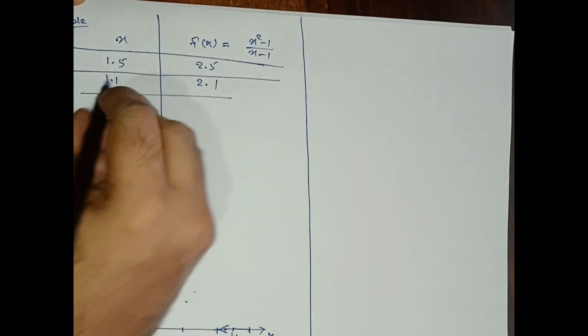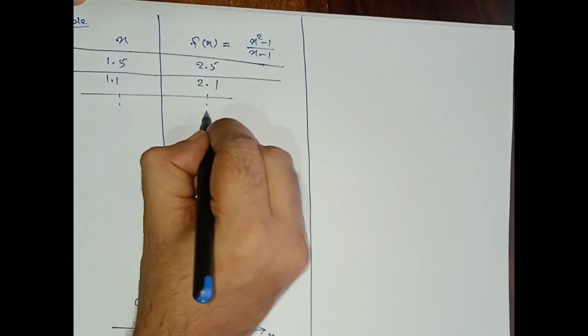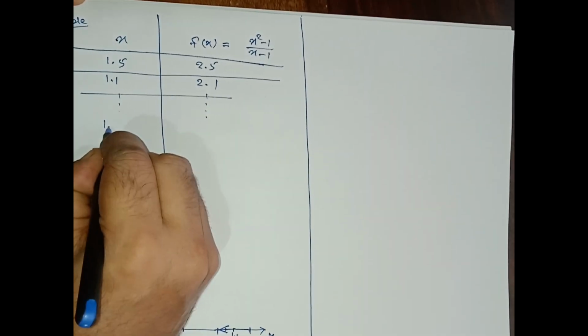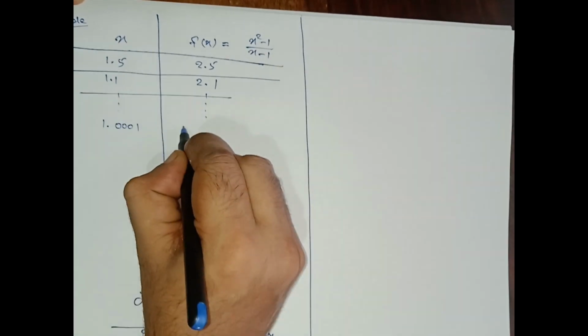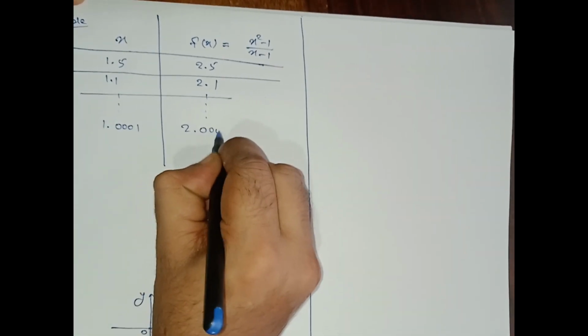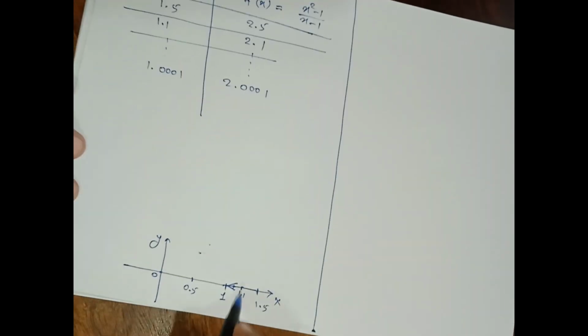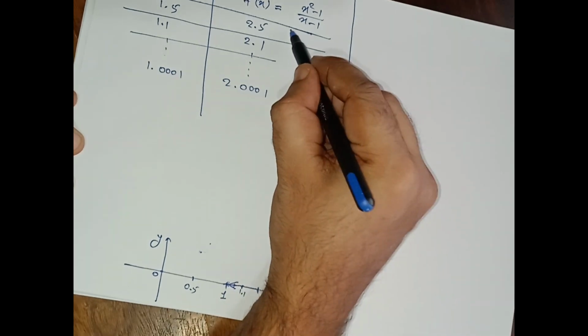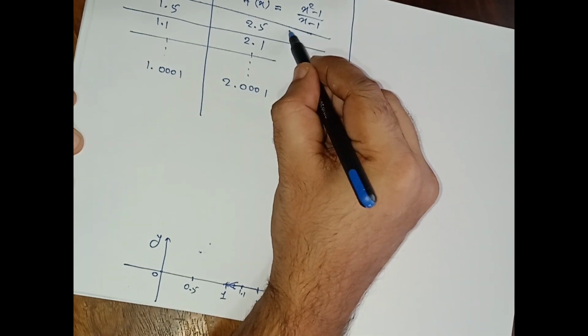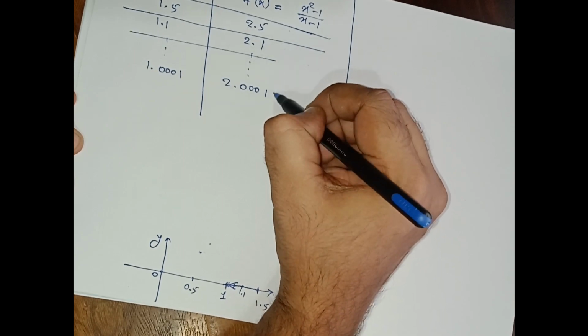When you get 1.00001, you will get 2.00001. So as you can see, when we are going from right, closer and closer to 1, the value of the function is going from 2.5, 2.1, closer and closer to 2.